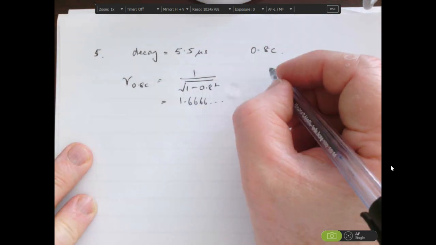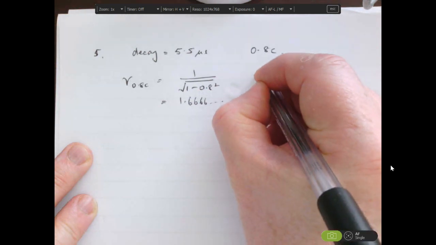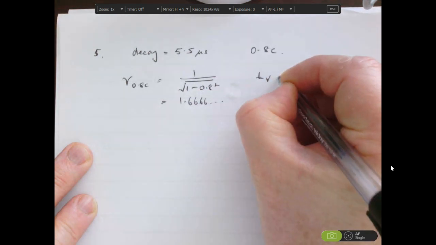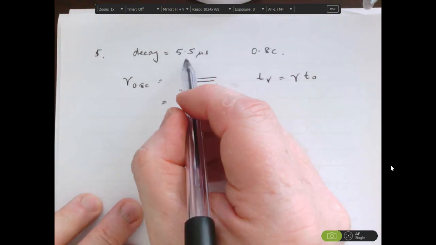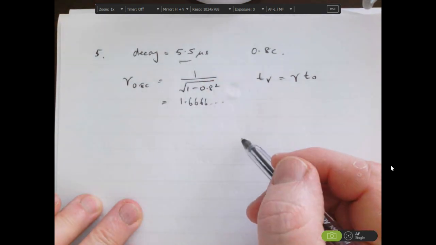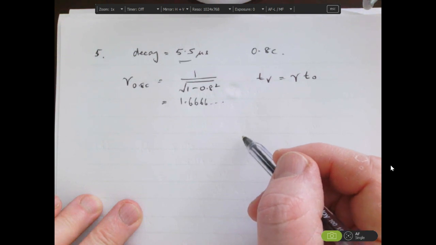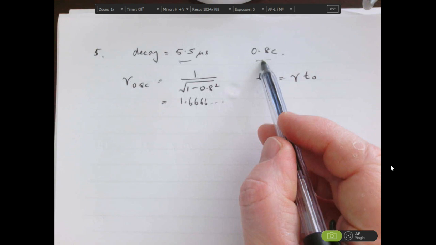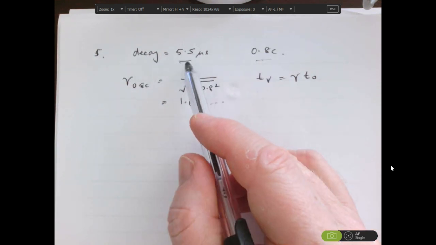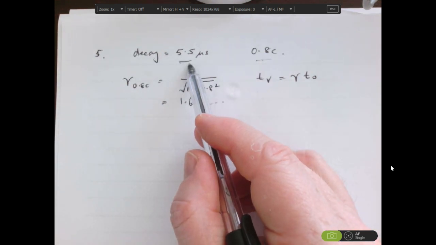So this is a time dilation question. We need to write down the time dilation formula, which says t_v is equal to gamma t naught. Now, this 5.5 microseconds is the dilated time. Because this particle is moving at a relativistic speed, we observe it to decay in a longer time than it would normally.